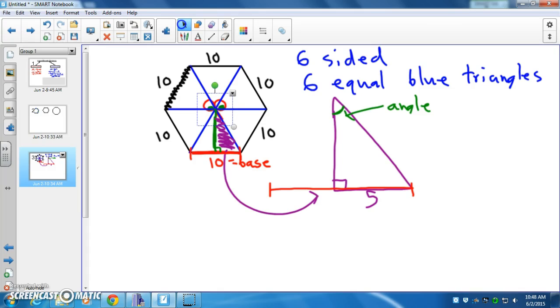Now the key to this is this. 360 degrees will get divided up equally through the blue parts. Look at this. It goes 1 blue, 2 blues, 3 blues, 4 blues, 5 blues, and all the way back to 6 blues. Well, if there's 6 blues, look at how many green sections there would be swooping through.